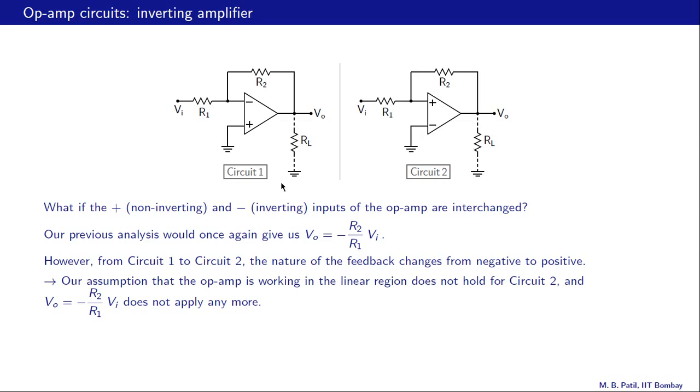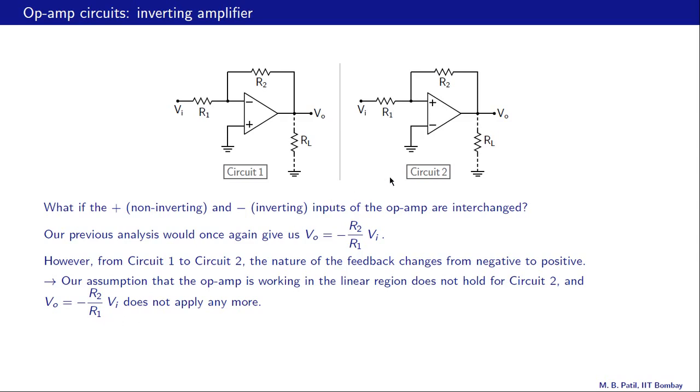When the feedback is negative, circuits are stable, and our assumption that the op amp is working in the linear region holds in this case. And then we can do our analysis like we have seen earlier and arrive at this result.